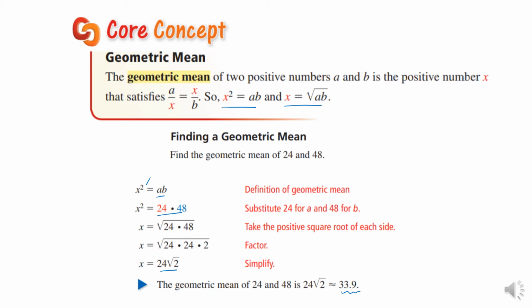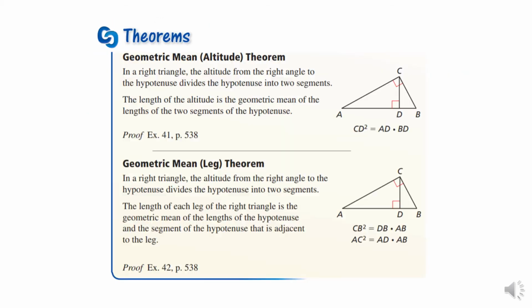Now we're going to apply it to our triangles. So the geometric mean, called the altitude theorem, is using the altitude. The geometric mean is the piece that is shared by the three triangles. So you're going to see that CD is part of all three triangles.